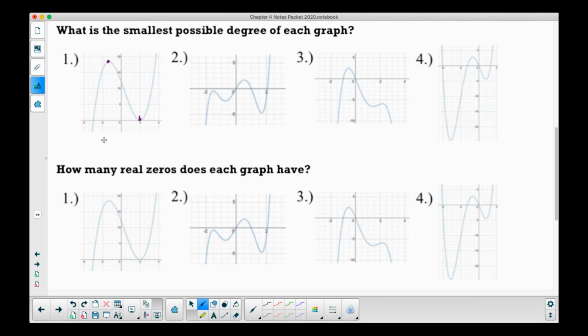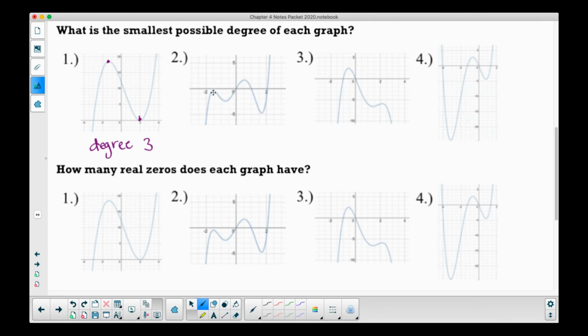So this is going to be degree 3. Now, you could have 2 maxes and mins and be degree 6, but it's asking for the smallest possible degree. It could be greater than degree 3, but at least it has to be degree 3.